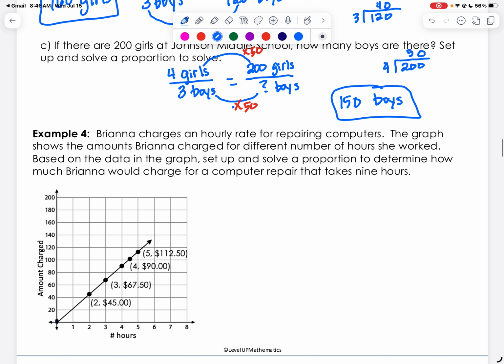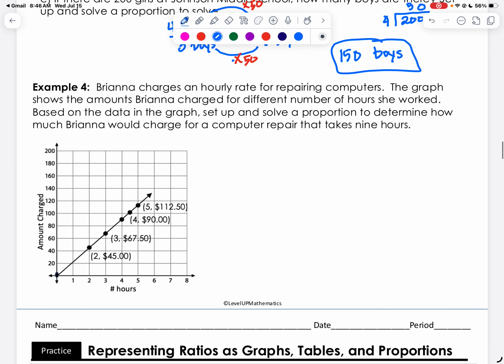All right, example 4. Brianna charges an hourly rate for repairing computers. The graph shows the amounts Brianna charged for different numbers of hours she worked. Based on the data in the graph, set up and solve a proportion to determine how much Brianna would charge for a computer repair that takes 9 hours.